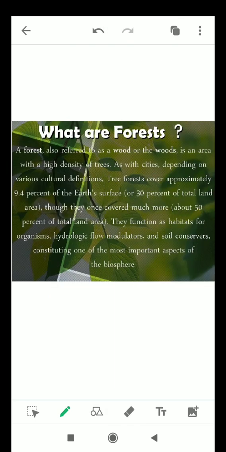So what are forests? Forest also refers to a wood or the woods, an area with a high density of trees. Basically, a forest comprises vegetation made up chiefly of plants, trees, or underbrush covering a large area.